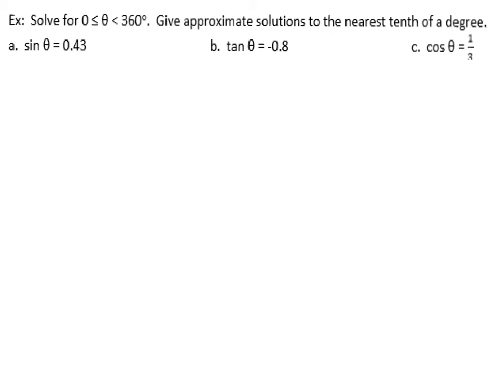Basically, the only thing that's going to come up is how to access the inverse trig function, which is usually a feature called second. You'll see sine, cosine, and tangent, but that's just the regular trig function. If you hit second and then the trig function, you get the inverse, which would look something like this.